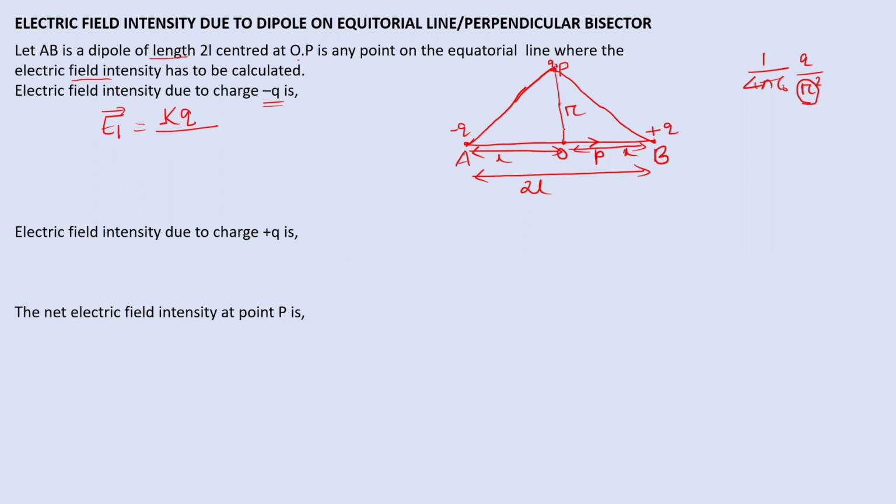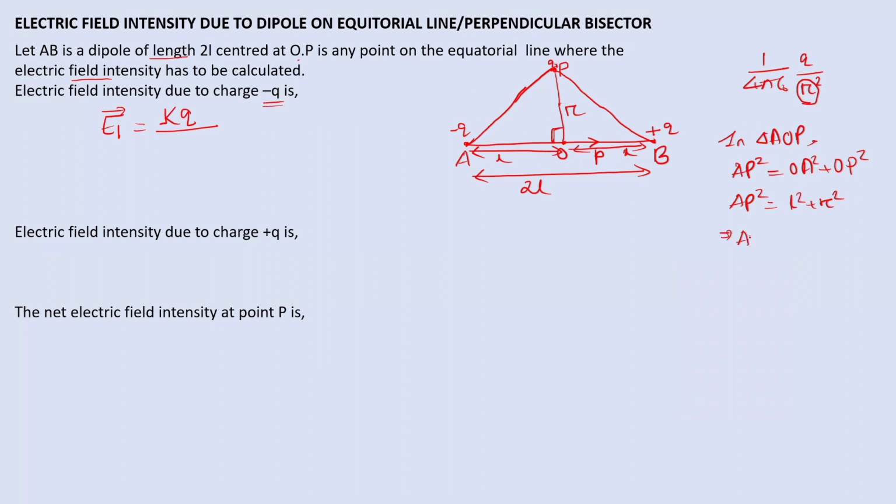If you see here, this is the perpendicular bisector, so this is your 90 degrees. When we apply the Pythagoras theorem in triangle AOP, what do we get? The hypotenuse square, that is AP square, is equal to OA square plus OP square. That means AP square is equal to L square, since OA is L, plus R square.